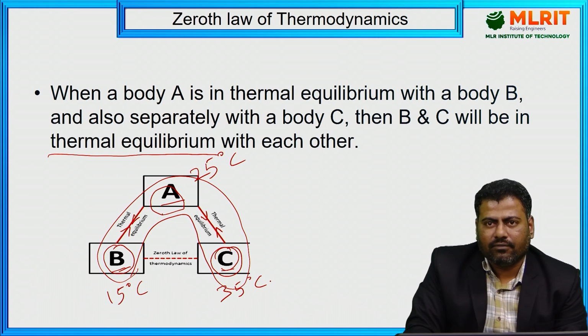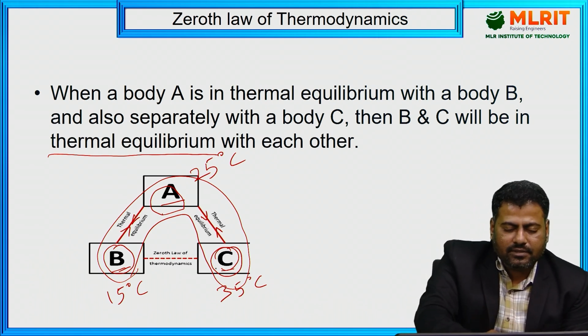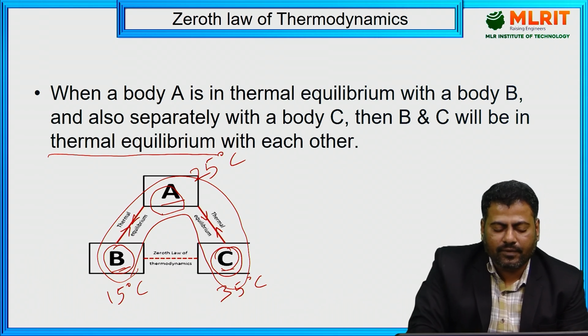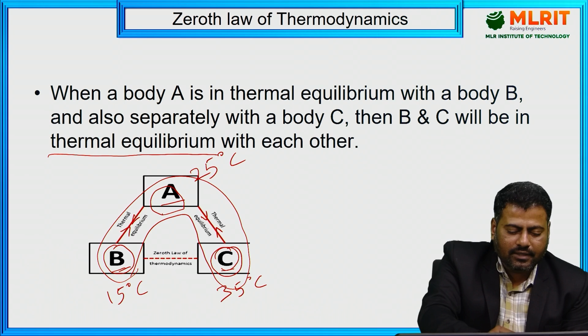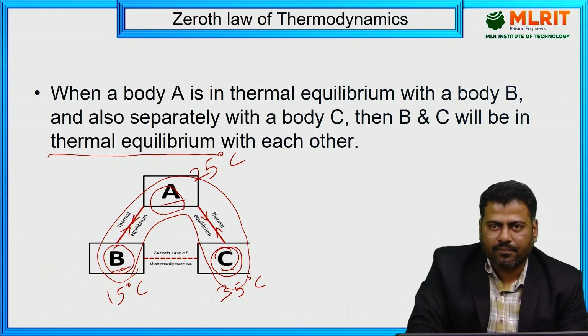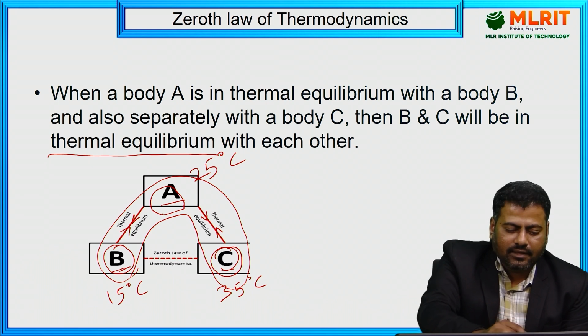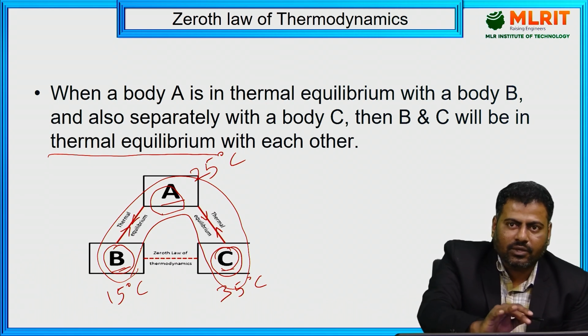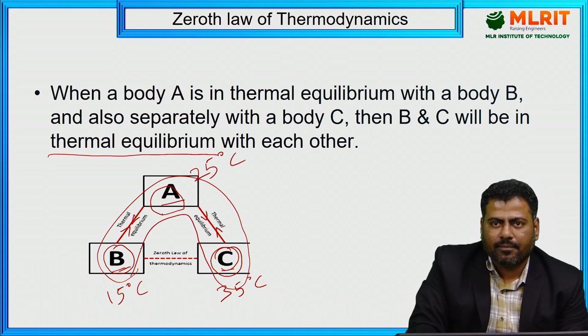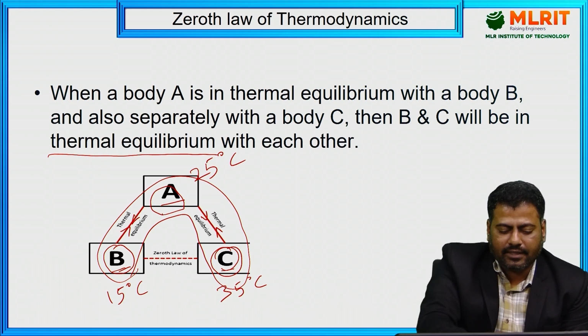Suppose you remove system C, and only A and B are interconnected. What will happen? They will reach a thermal equilibrium state at a certain temperature. When systems A and B reach that temperature, they attain the equilibrium condition.